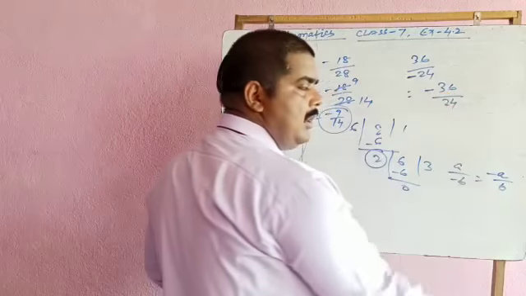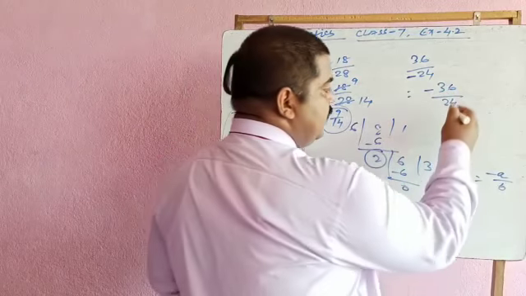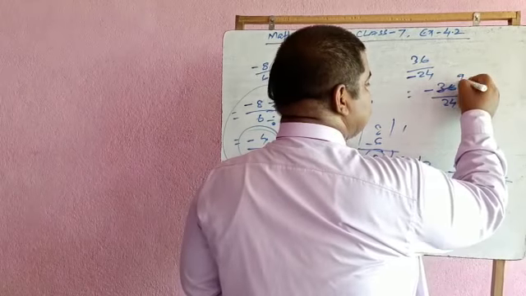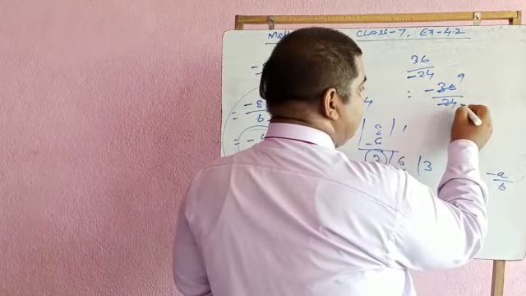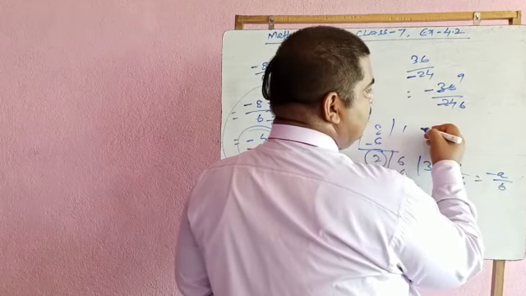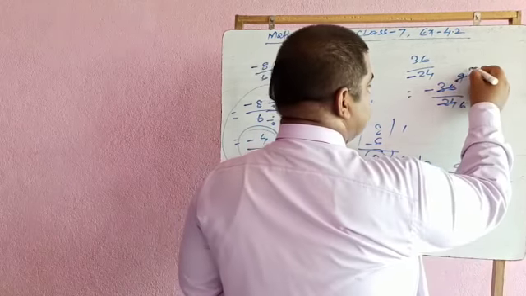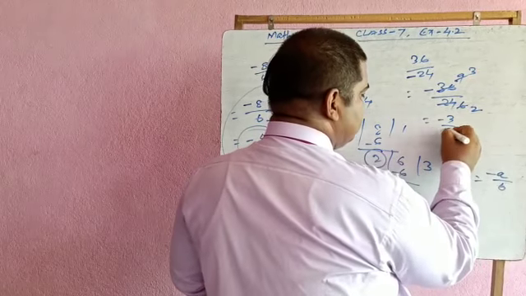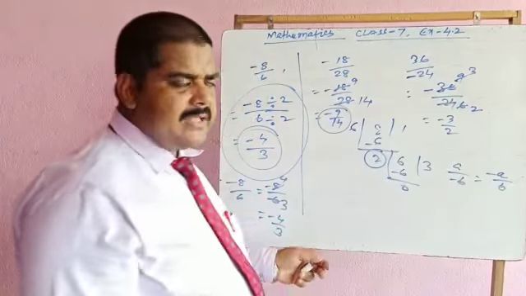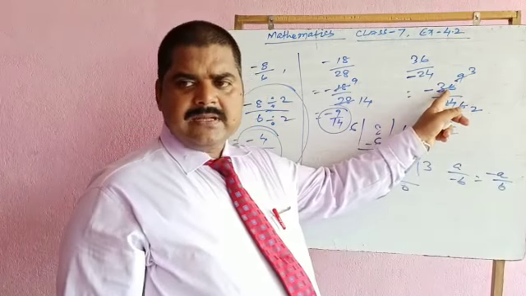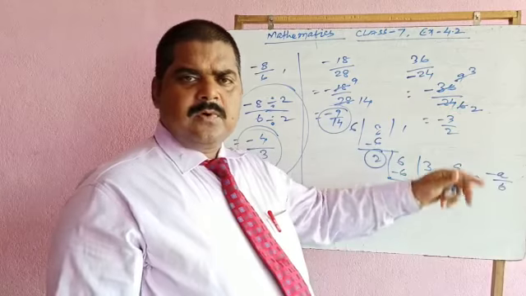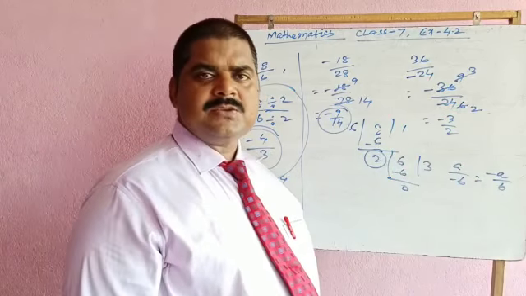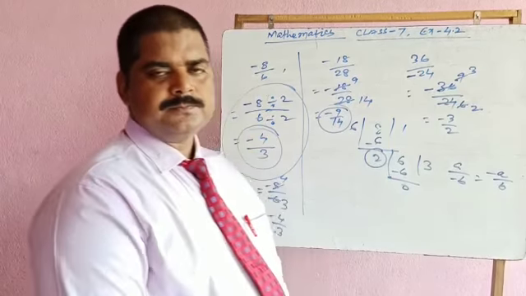Now it is not in simplest form, so divide by 4. 4 9s are 36, 4 6s are 24. One more time, 3 3s are 9, 3 2s are 6, so minus 3 upon 2. Or you can divide by 12 once: 12 3s are 36, 12 2s are 24. The standard form is minus 3 upon 2.